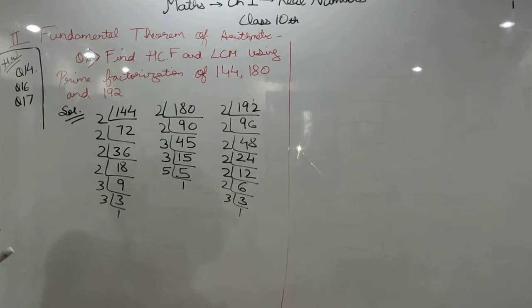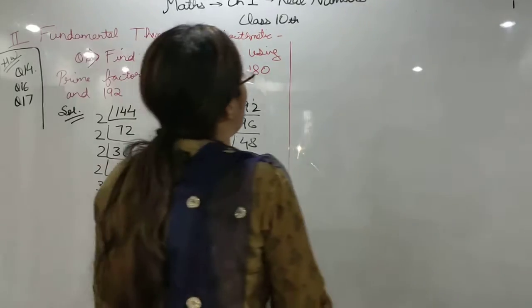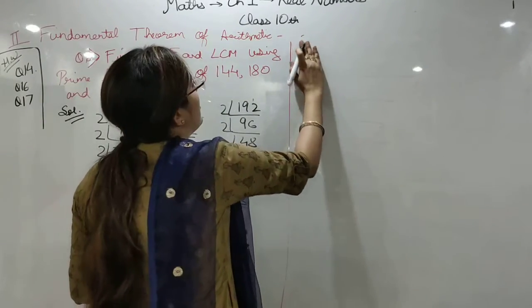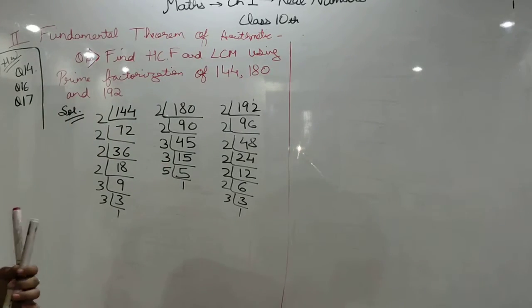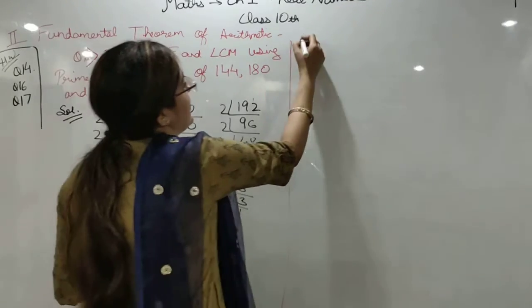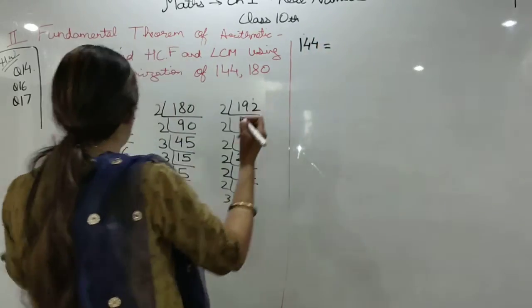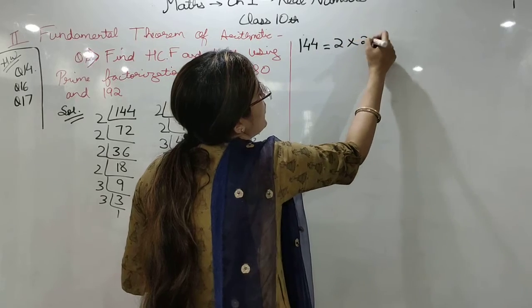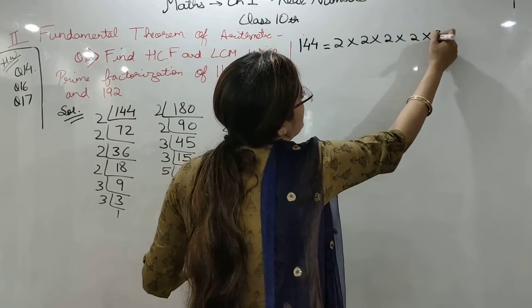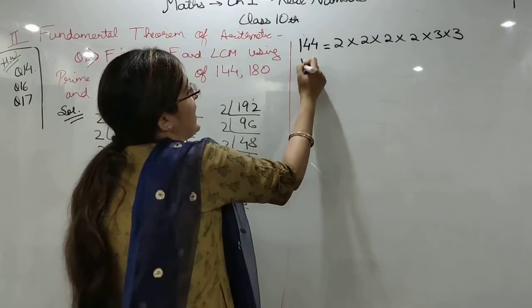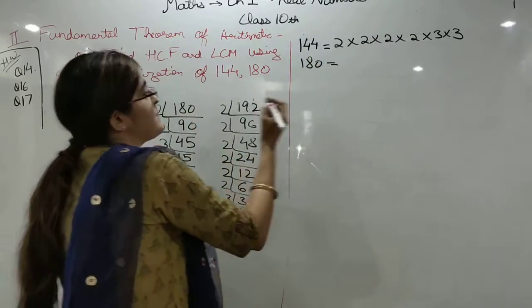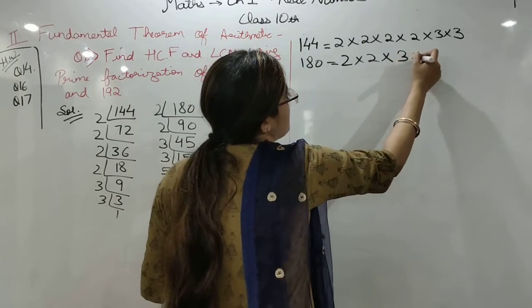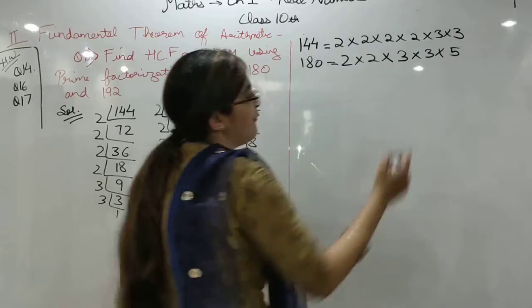Is it clear? Now let's see how we can write it. Now write all the prime factors of these to calculate HCF. 144 can be written as 4 times 2 and 2 times 3: 2 into 2 into 2 into 2 into 3 into 3. 180 can be written as 2 times 2 and 2 times 3 and 1 time 5.